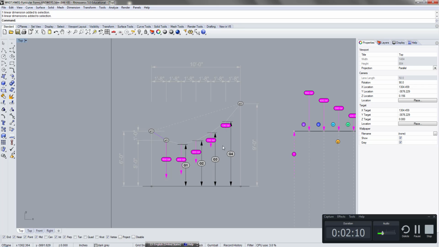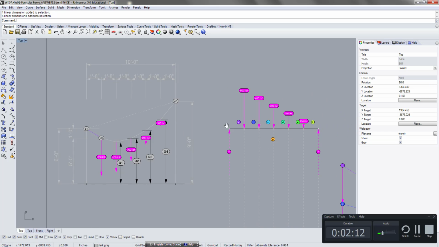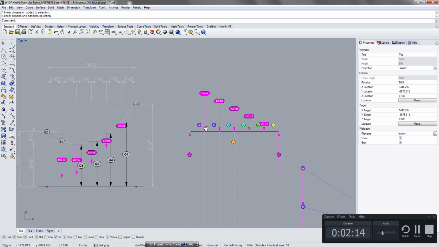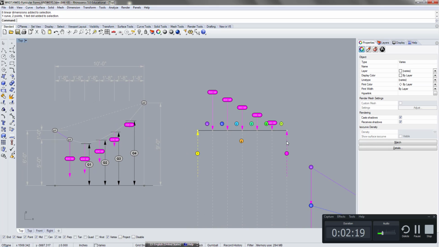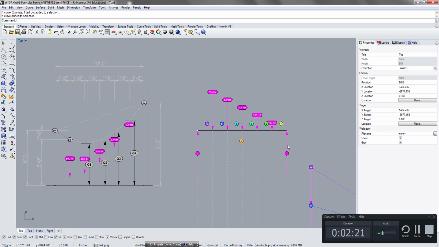So we'll translate this to a loading diagram, which is here. Right now we don't really need these reactions for the cable problem. We will for the beam problem, which I will show you later.